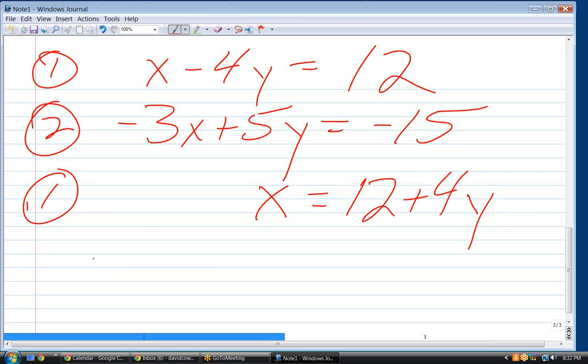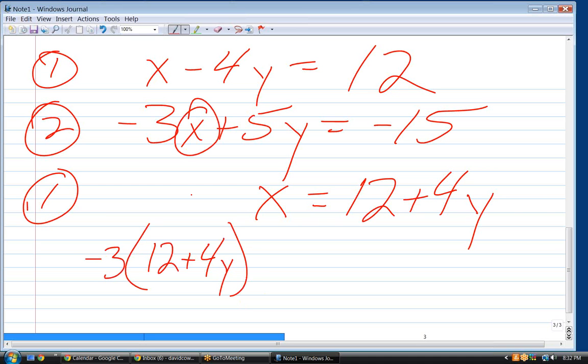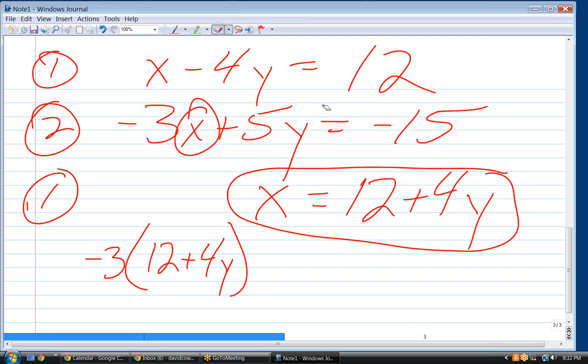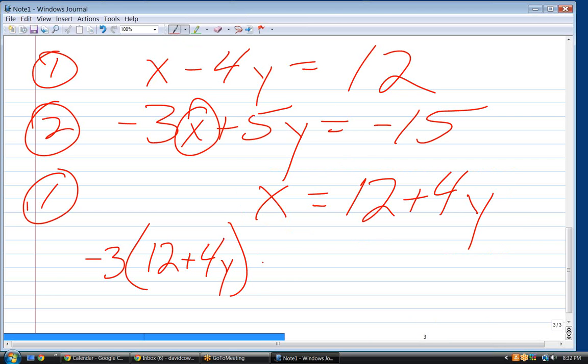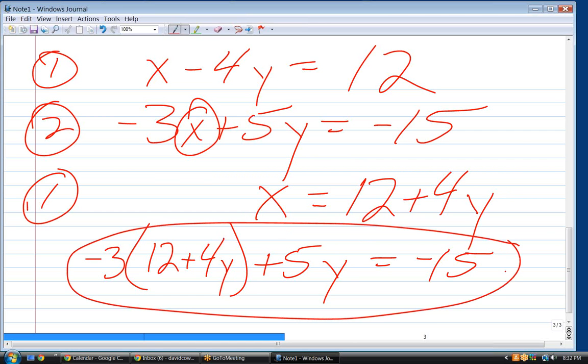So would it be -3 and then in parentheses 12 plus 4y? Yep. In other words, we're substituting for x, and we know x is equal to that. And then plus 5y equals -15. Notice we now have one equation, one variable.